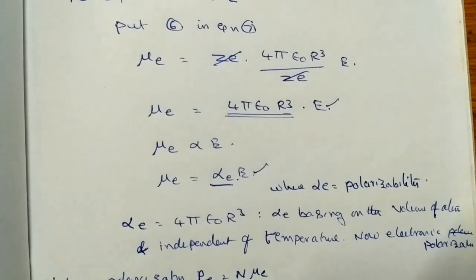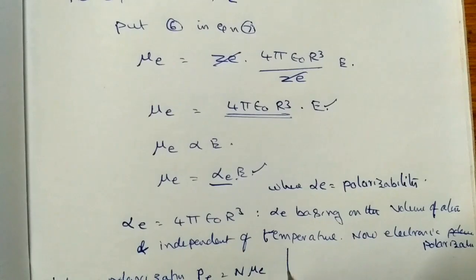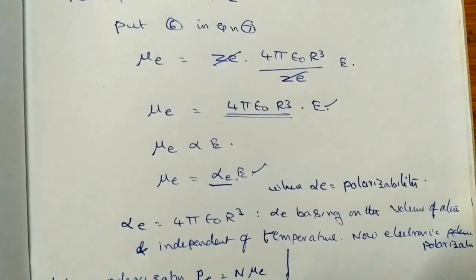Now the electronic polarization is Pe is equal to N into mu e. That means this stands for bulk material of a substance. That means N number of dipole moments.